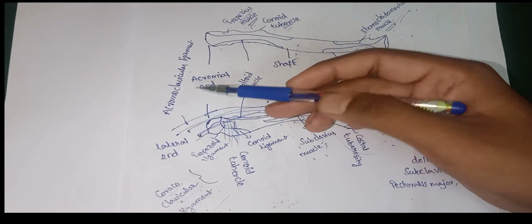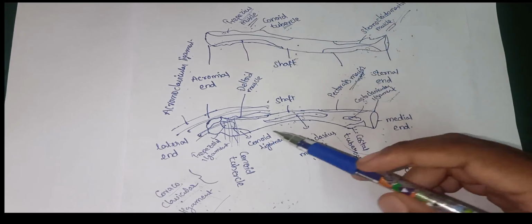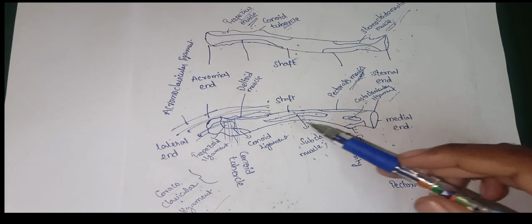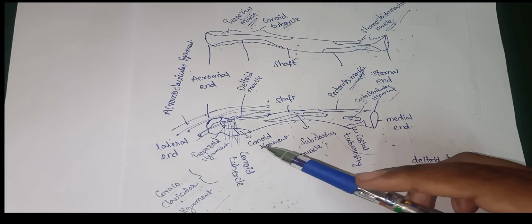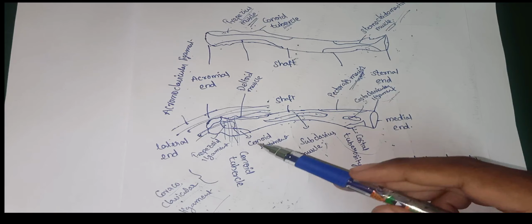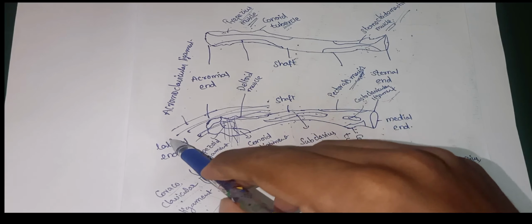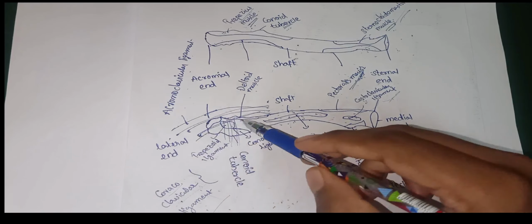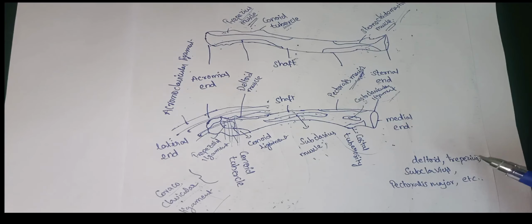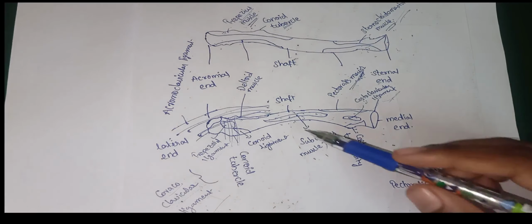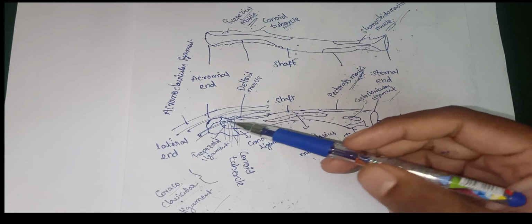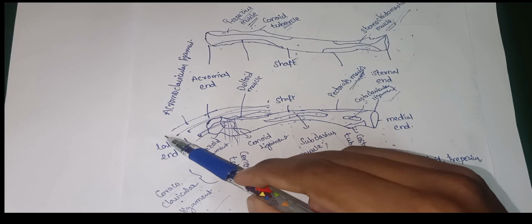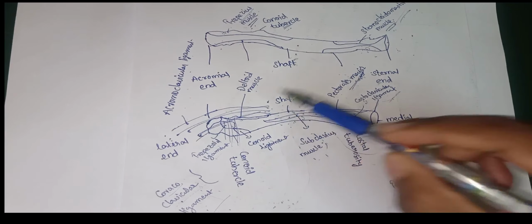First we are going to learn about the acromioclavicular ligament. The acromioclavicular ligament is the ligament attached between the acromion process of the scapula and the clavicle.